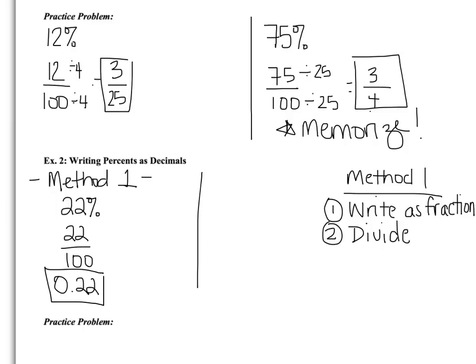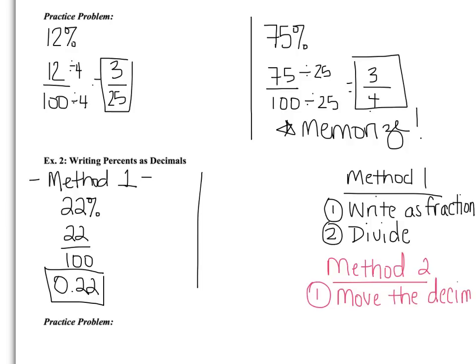Now my personal preference is actually method 2. It's a little bit easier for me, but either one of these ways works for you. All you need to do with method 2 is move the decimal two places to the left.